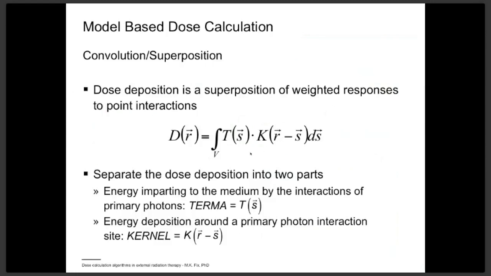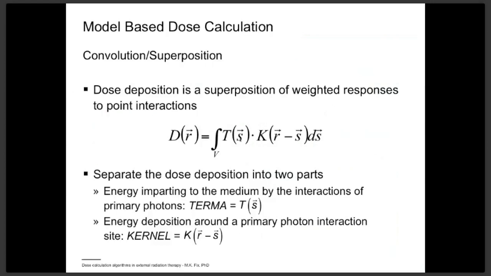And this is the convolution superposition. This is a convolution of the total energy released at this point S, and this is the dose or energy deposition kernel of what is the contribution in R given the energies released in point S. And we do integration of all potential points S in the volume.